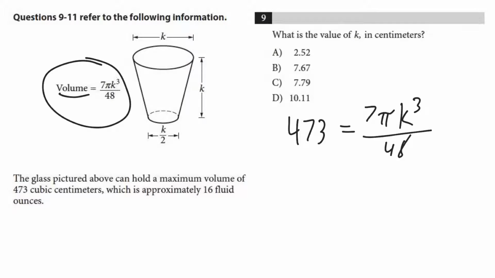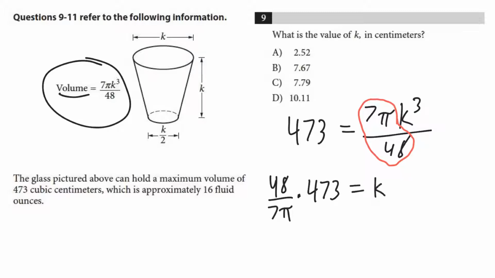Alright, so I'm gonna multiply by the reciprocal of 7 pi on 48. It's gonna be 48 on 7 pi times 473 equals K cubed.